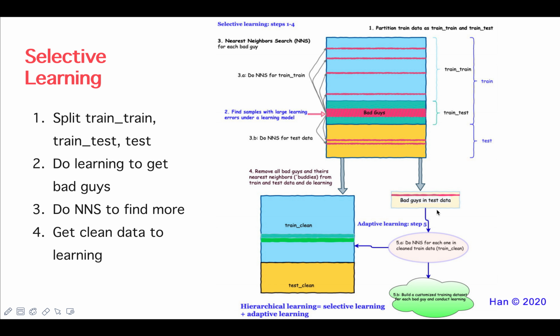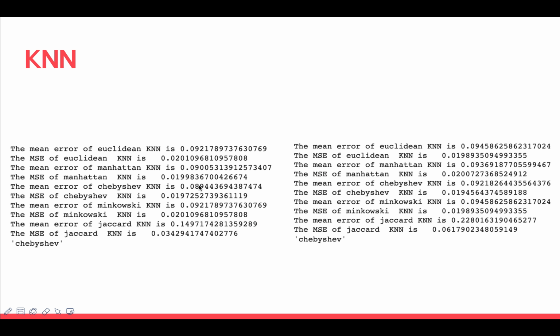So you also use these bad guys in the test data to do the near neighbor search in the train clean data, and then you do the learning. And if we use selective learning plus adaptive learning, it is hierarchical learning. The whole method is from our professor Ham, and I wrote code to make it come true.